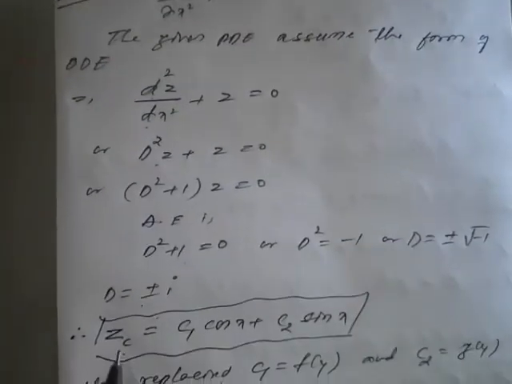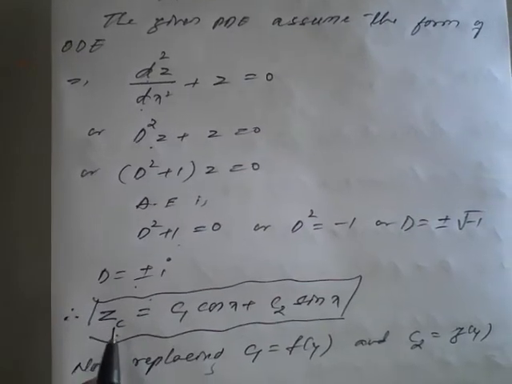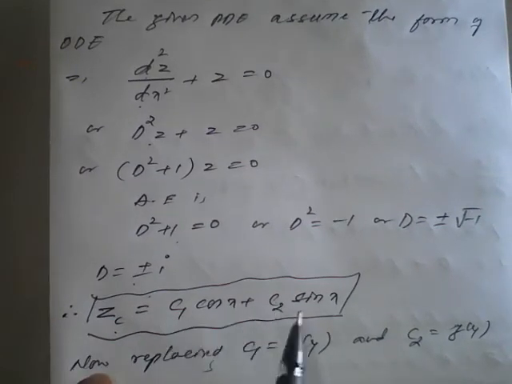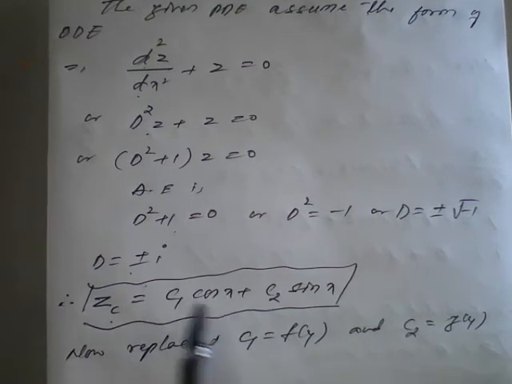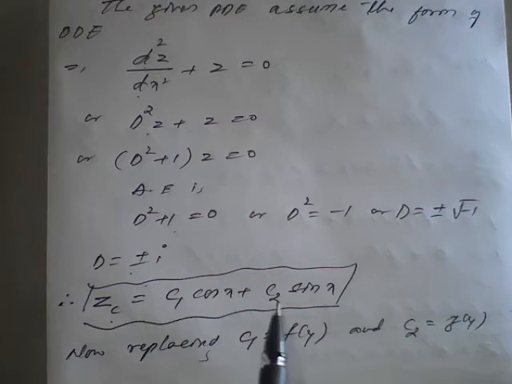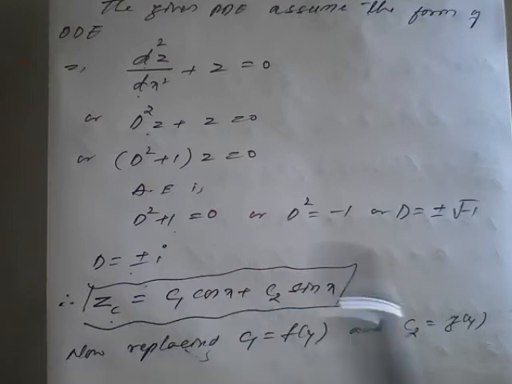Therefore the complementary function of z is c1 cos x + c2 sin x. But we have to replace c1 by f of y and c2 by g of y, and this zc we consider as z. Because there is no particular integral here, zc is nothing but the general or complete solution.